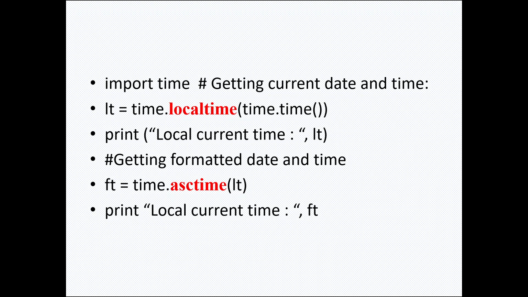The localtime function returns the local current time. asctime returns the formatted date and time as a string. In this example, localtime, asctime and month are built-in functions contained in the modules time and calendar.